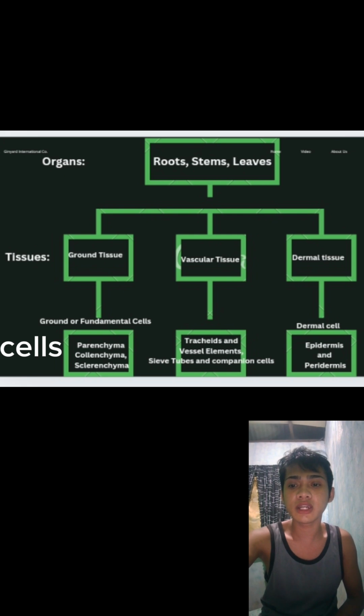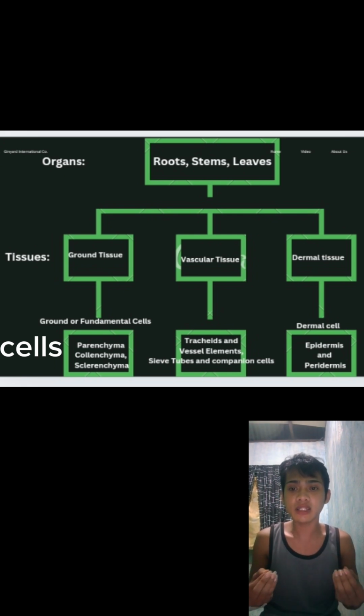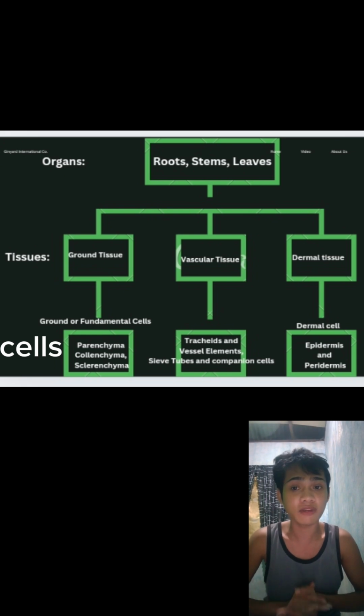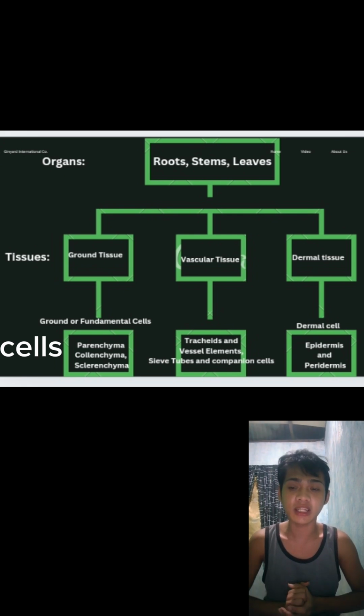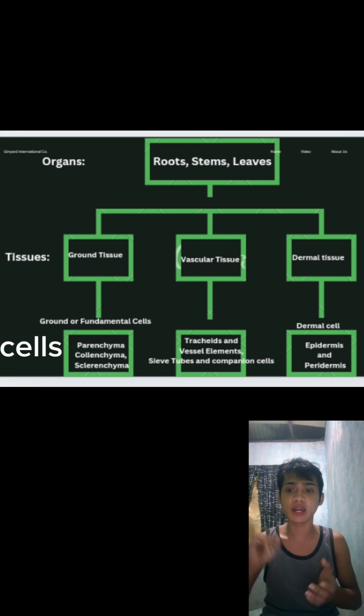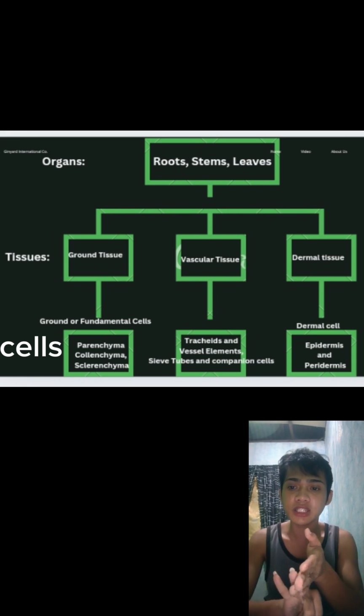And we have here also the cells. We all know that the cell is the basic building block of all living things. It includes plants. The image shows the different types of cells found in each tissue: the ground tissue cells, the vascular tissue cells, and the dermal tissue cells.